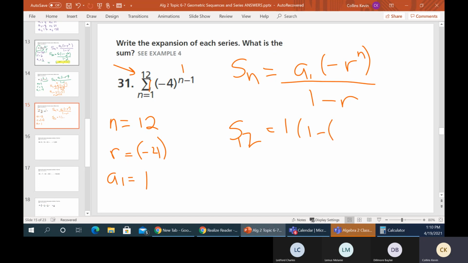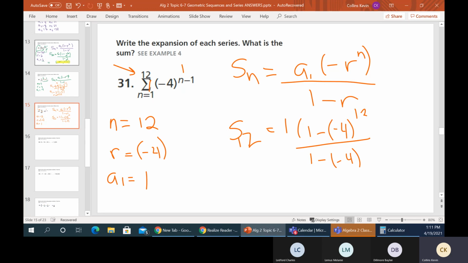1 minus, now this is where we get a little weird, minus 4 to the 12th power, and then over 1 minus a minus 4. So that part gets a little weird, not gonna lie.